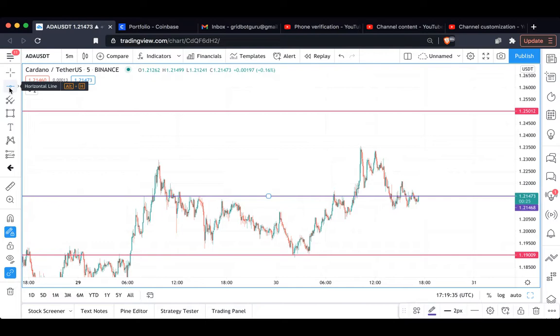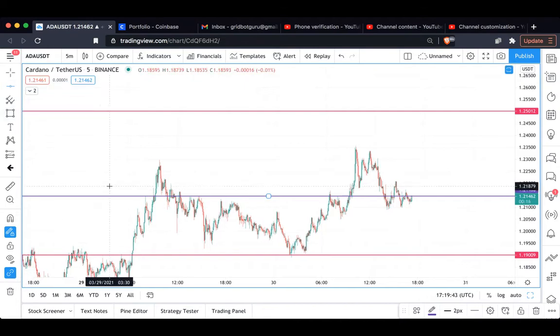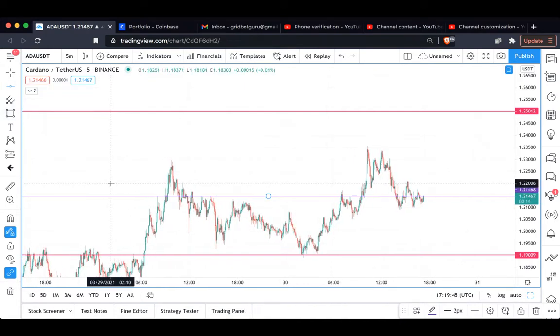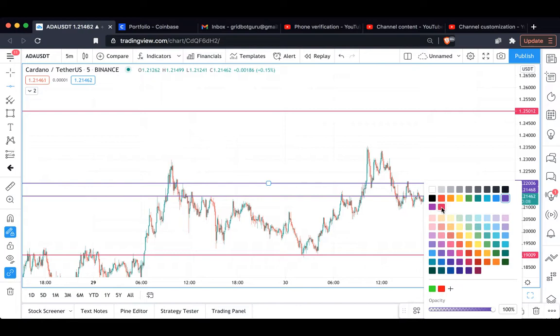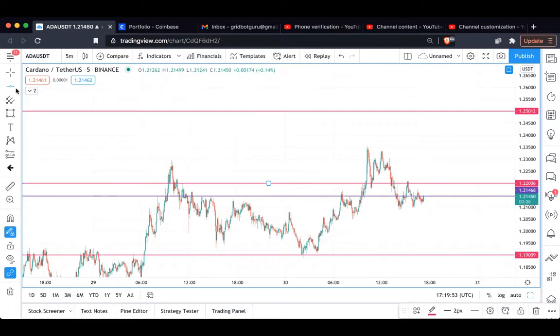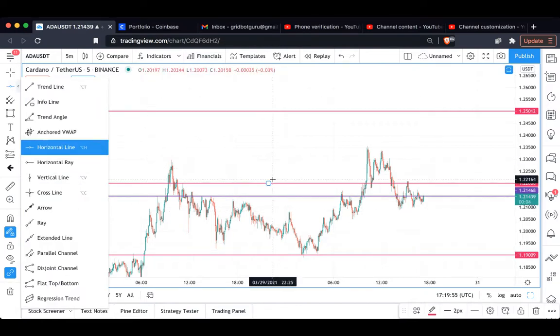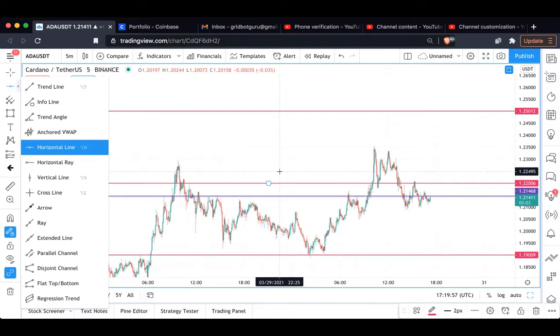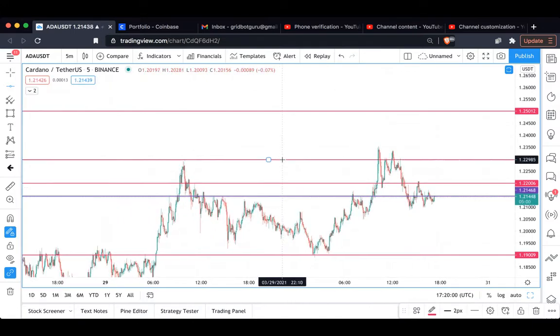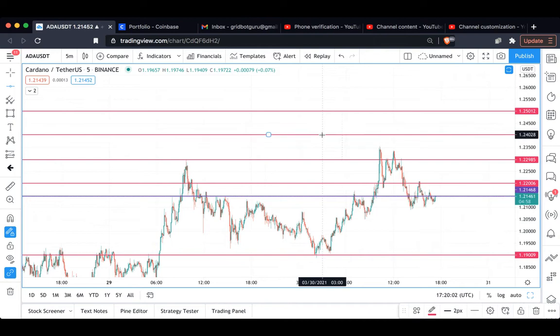Then the bot is going to sell. It may sell 10% of your coins every time it goes up. Let me change that color. I'm going to do 23 as a sell and 24.